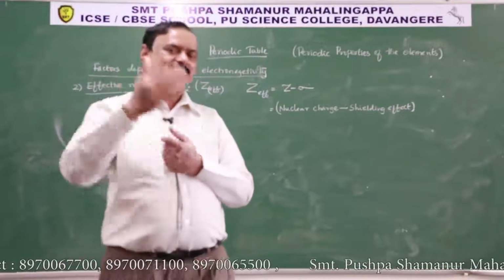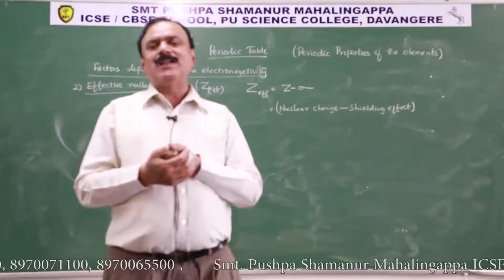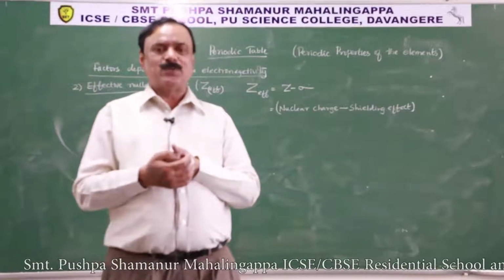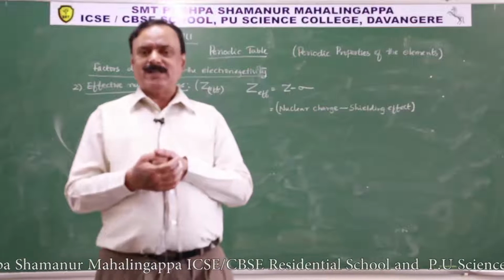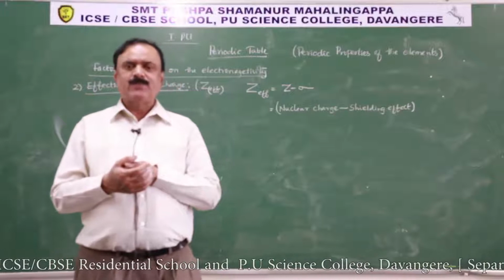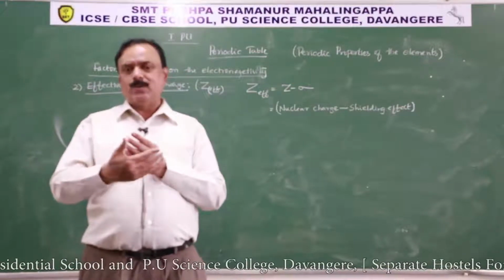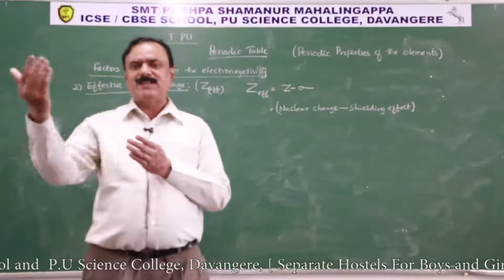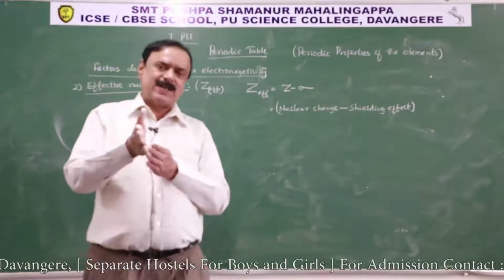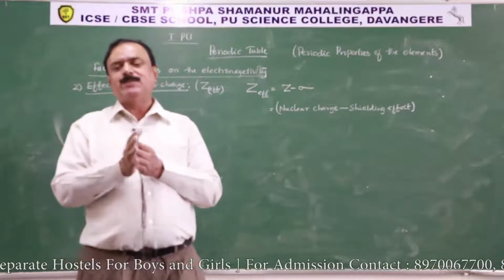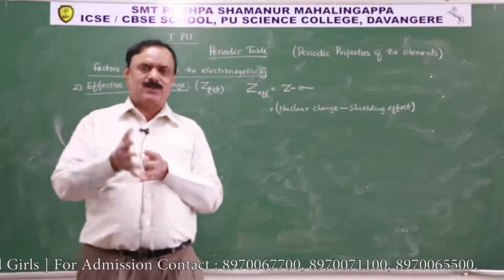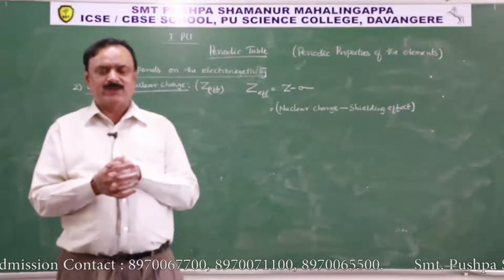For example, in the case of hydrogen, the electron is very close to the nucleus, therefore it does not experience any repulsive force from inner atomic orbital electrons. Whereas for single electrons the shielding effect is different. If one of the shells is occupied by ns and np atomic orbitals, the values for ns and np atomic orbitals are different, n minus 1 atomic orbitals are different, and n minus 2 atomic orbitals are entirely different.